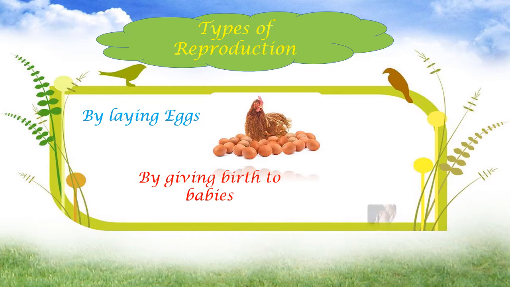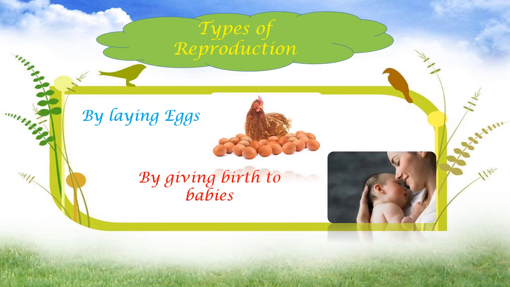One such example which I've given is human beings, Homo sapiens. So here we give birth to the babies. Have you ever heard of anyone laying eggs and a human coming out of eggs? No, definitely not, right? So human beings as well as certain animals, if you have a dog at your home, you can see it gives birth to the younger one, which we call puppies.